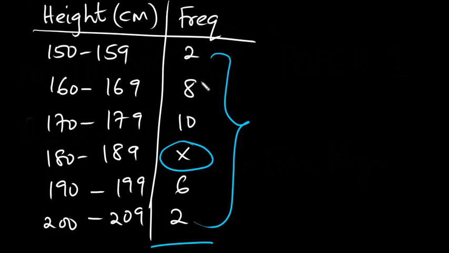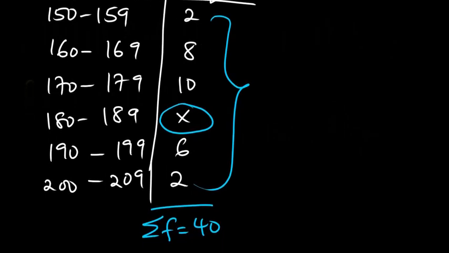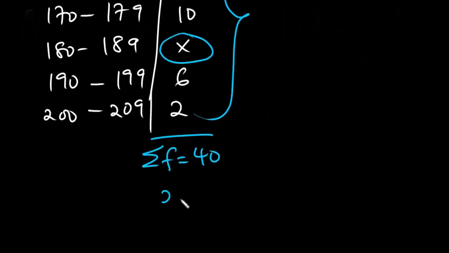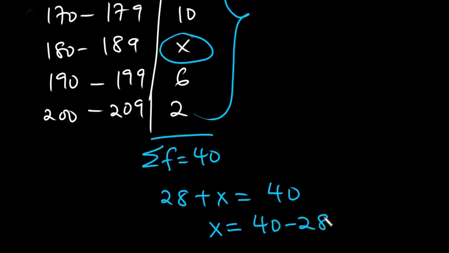So let's start adding them. 2 plus 8 is 10. 10 plus 10 is 20. 20 plus 8 is 28, and then plus x. So 28 plus x should be 40. So x is going to be 40 minus 28.